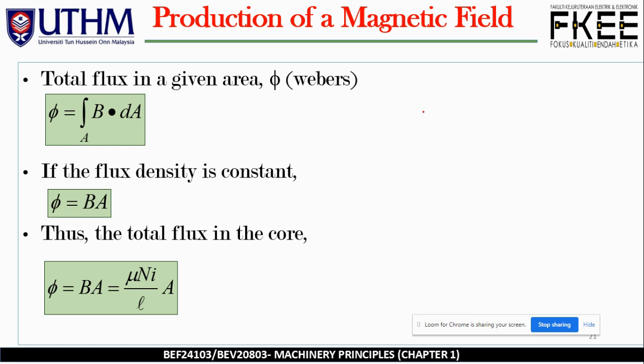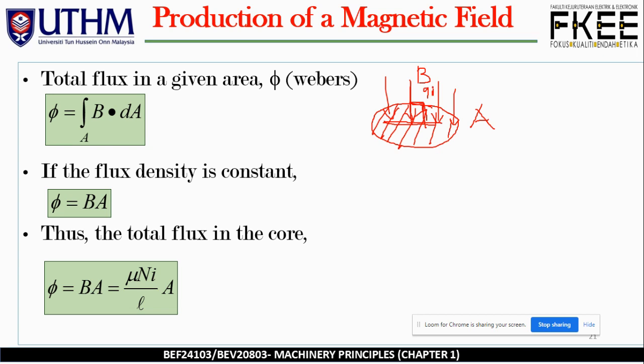Just imagine we have this cross-sectional area A, and somehow we have B, the flux density, which acts perpendicularly to the surface of the cross-section A, at 90 degrees over here.